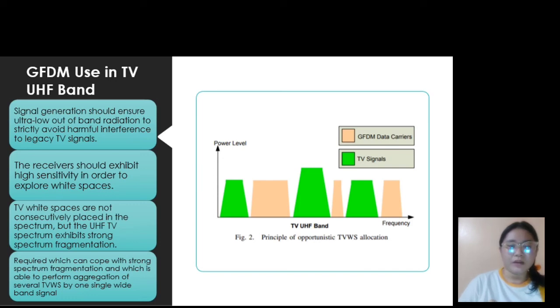Typically, TV white spaces are not consecutively placed in the spectrum. The UHF TV spectrum exhibits strong spectrum fragmentation. In order to efficiently exploit all detected TV white spaces, a system is required which can cope with strong spectrum fragmentation and which is able to perform aggregation of several TVWS by one single wideband signal.